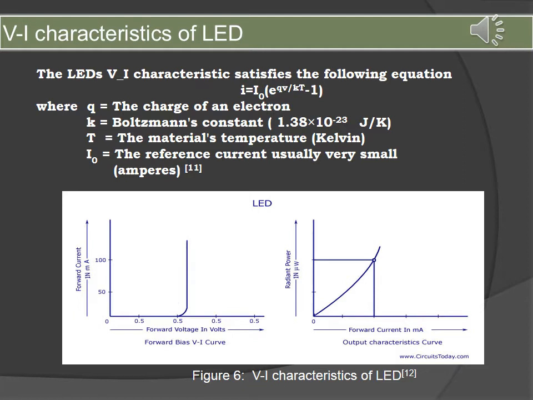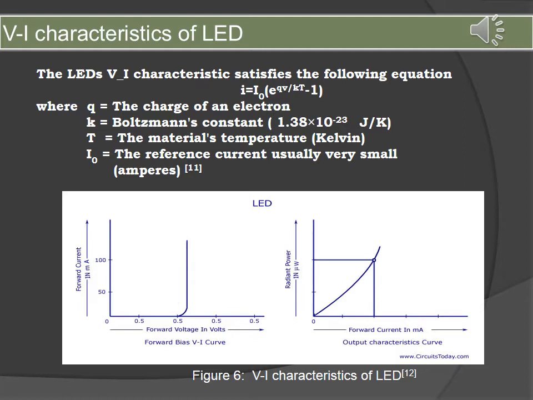VI characteristics of LED. When the voltage V is positive and greater than a minimum threshold voltage Vt, then the diode is said to be forward biased. A forward biased diode will conduct current. As with the resistor, the diode is completely characterized once we know the relationship between the voltage and current.